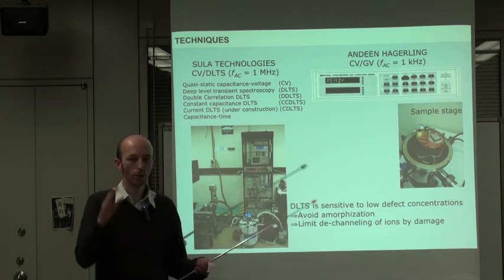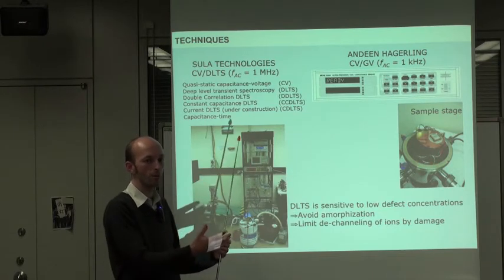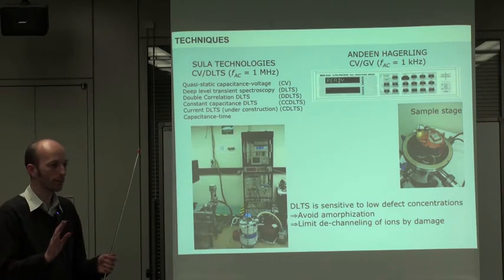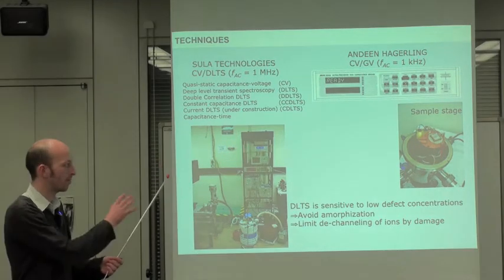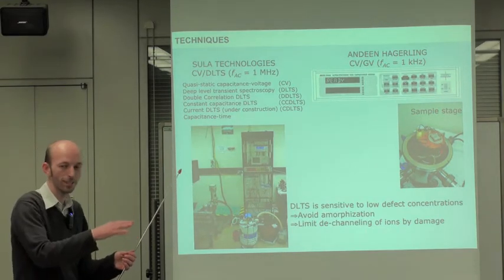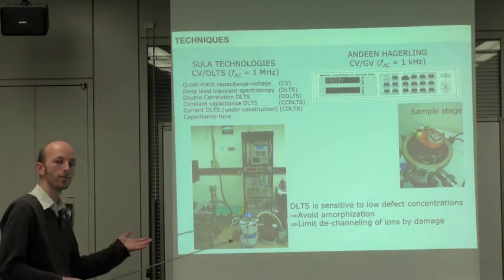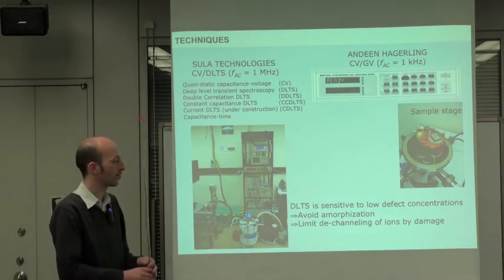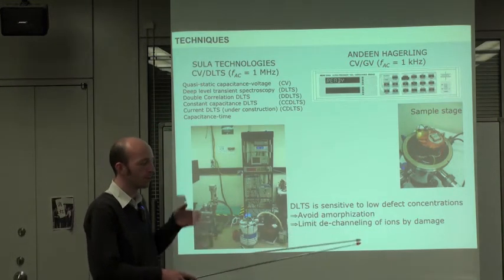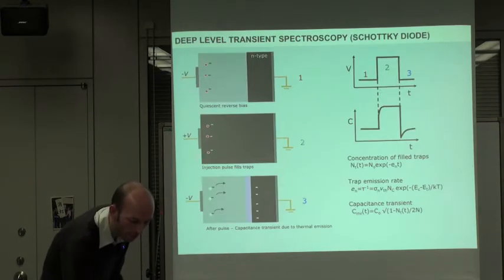It's really sensitive to low defect concentrations, so you can do these experiments without amorphizing the sample, and you probably couldn't use SIMS to measure the phosphorus profiles here because it's such a low concentration. In the past, SIMS has been used to test Crystal TRIM, but the defects formed would cause dechanneling, so really it's not a true channeling experiment.